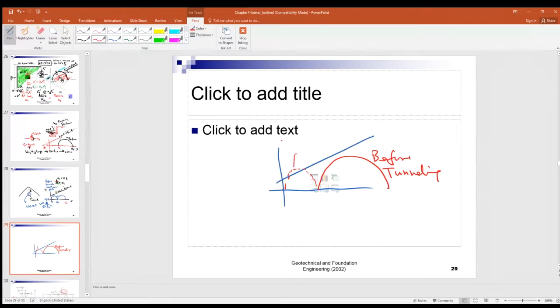So failure of the tunnel roof, okay, after construction, after excavation, because you move beyond, right, the Mohr Coulomb envelope, so you will fail here.